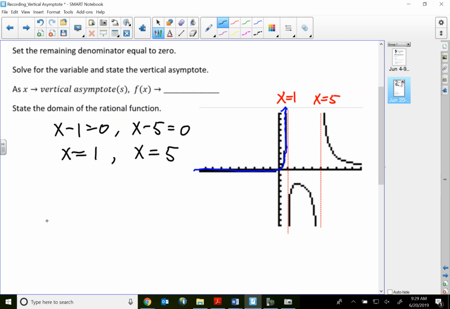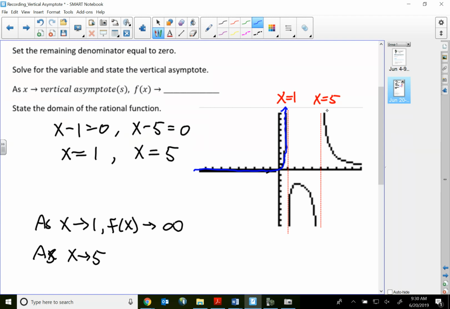So as x approaches 1, the y value approaches positive infinity. That means my y value gets larger and larger and larger. All right. As my x value approaches 5 from left to the right.